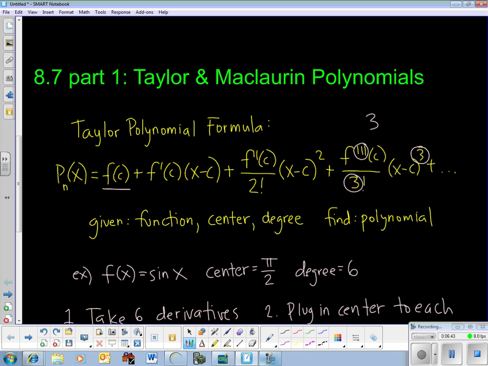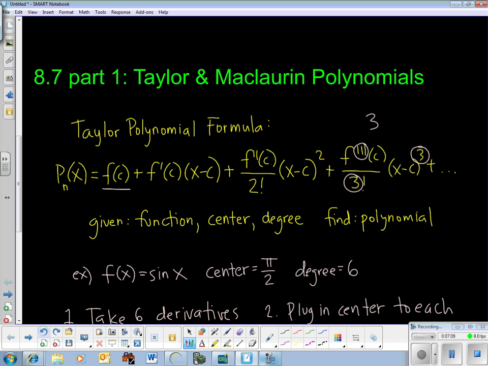And by the way, this is my 0 degree term, which has 0 factorial on the bottom, and it also has x minus c to the 0 power. Both of those things are 1, so it doesn't show up. My first degree term has a 1 factorial, which doesn't show up, and it has an x minus c to the 1 power, which also does not show up. So the pattern holds, even though the beginning doesn't quite look the same, it still is the same.